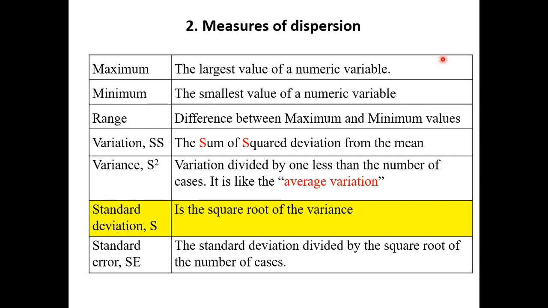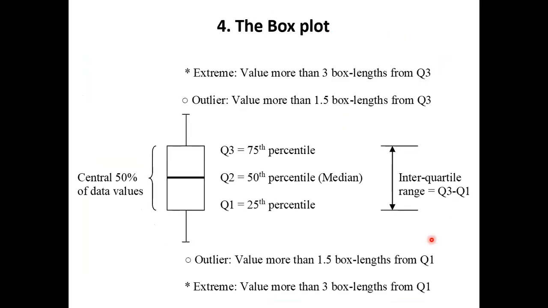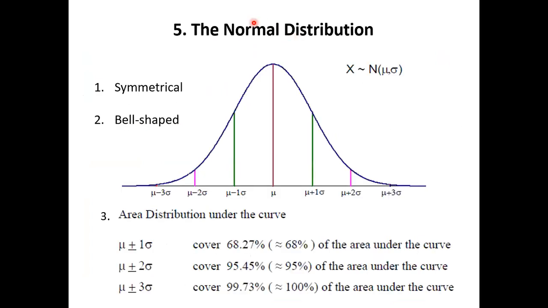Are they spread? Next, we study skewness. Is the data symmetrical or asymmetrical? Next, we talk about identifying extreme values and outliers using the box plot. Next, we study the normal distribution.